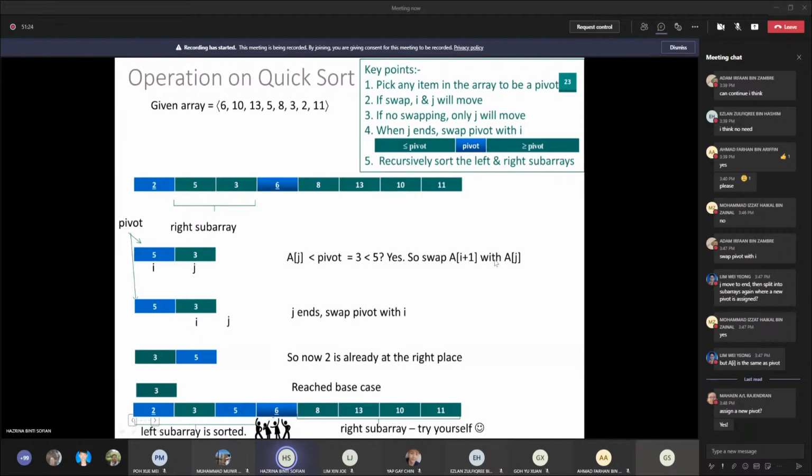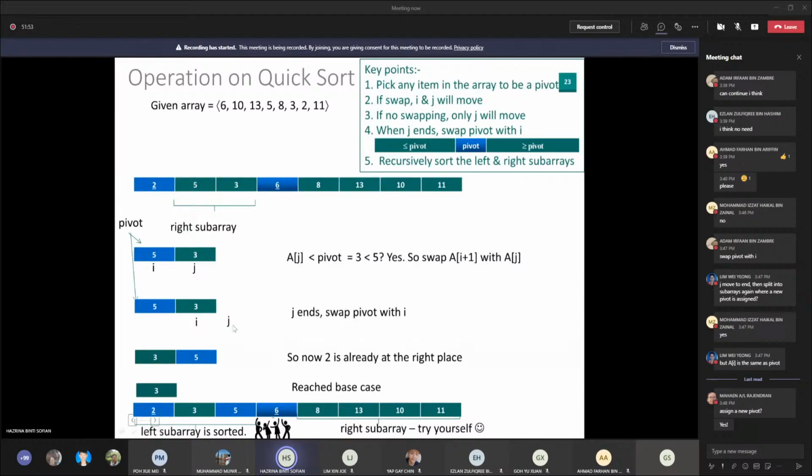Because I plus 1 and A[J] are the same index. Okay, so the swap happened. If a swap happens, what happens? 2 or 3? 2. Okay, 2 means I and J will move.